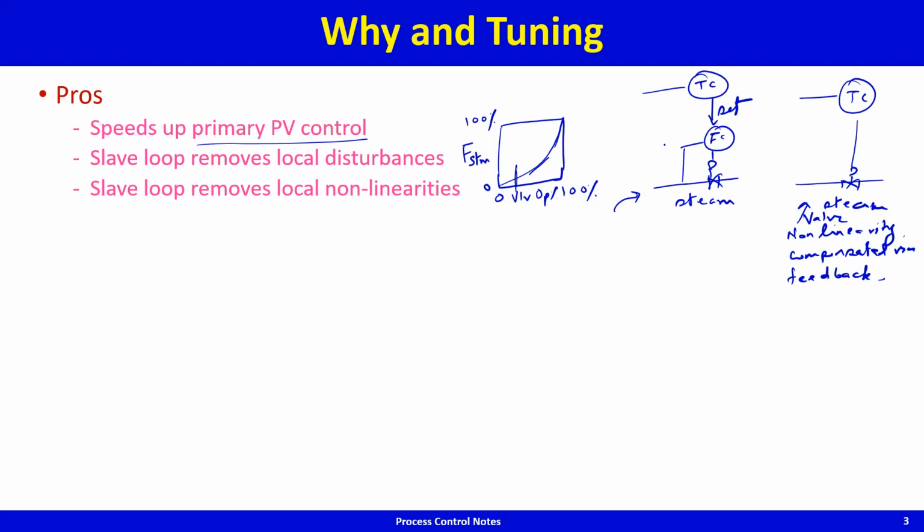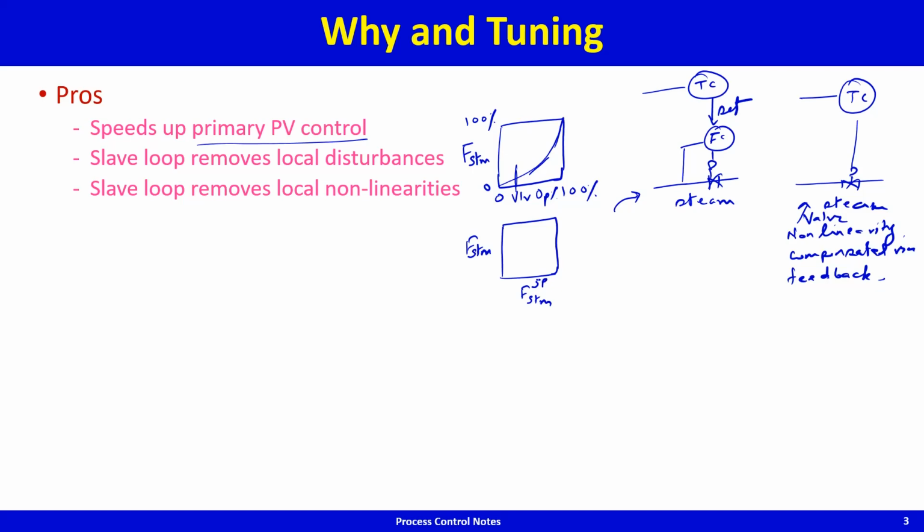So on the time scale of the temperature controller, if I plot, in the cascade case, there is the flow steam, and the cascade controller output is flow steam set point, because that's the output of the temperature controller over there.